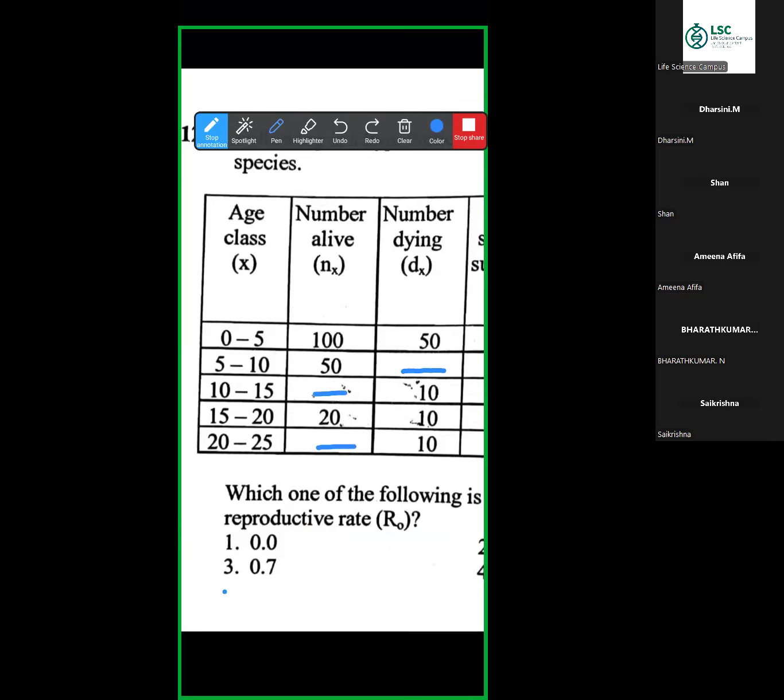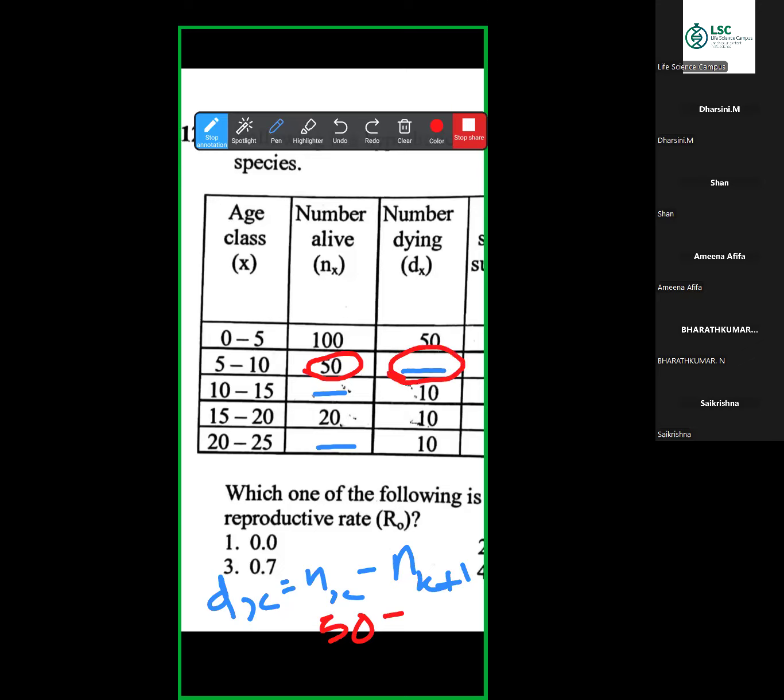We know that dx is given by nx minus nx plus 1. In the first case, what is the nx value? 50. 50 is there, but the nx plus 1 value is not there.